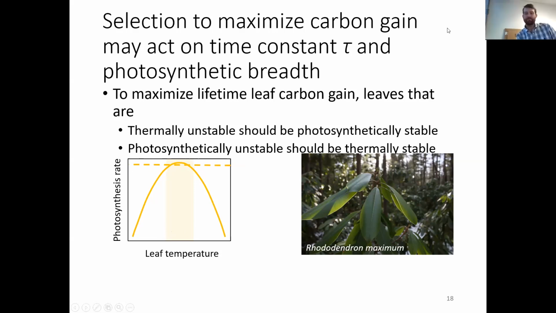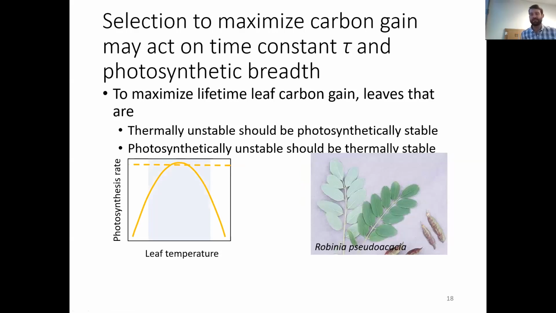Let's now consider robinia, which has these really cheap leaves, right? That just instantaneously change with air temperature. It's going to have a much larger range of temperature variation. So now I'm indicating the range of temperature variation by this blue region, right? And if we assume that robinia has this same temperature response curve, we're now going to be moving over a much larger range of photosynthesis, which overall will give us a lower rate of time averaged photosynthesis.